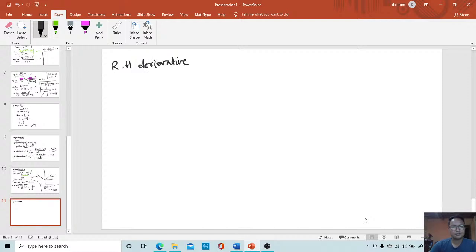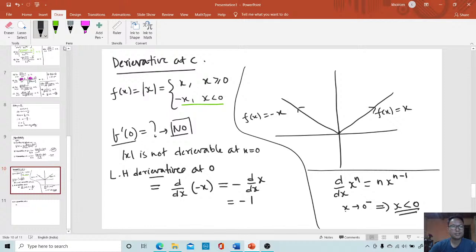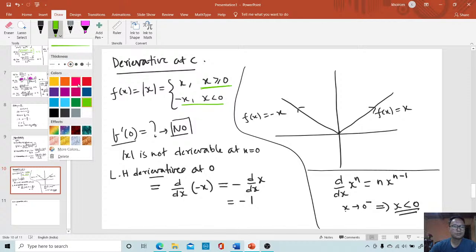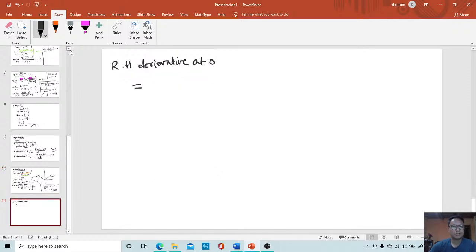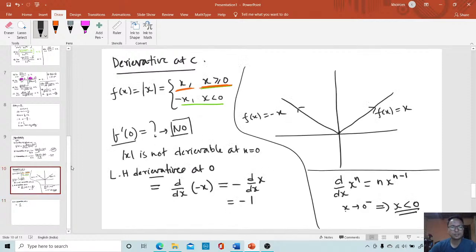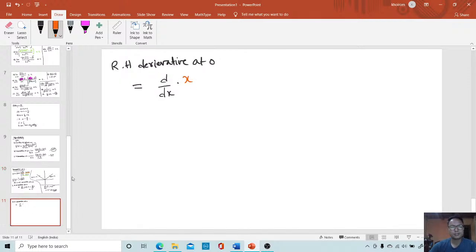The right hand derivative at 0, where x is greater than 0, so this function we have to take, that is d by dx of x, which is 1.